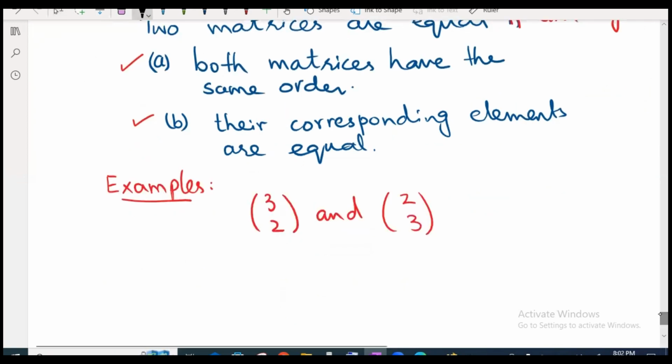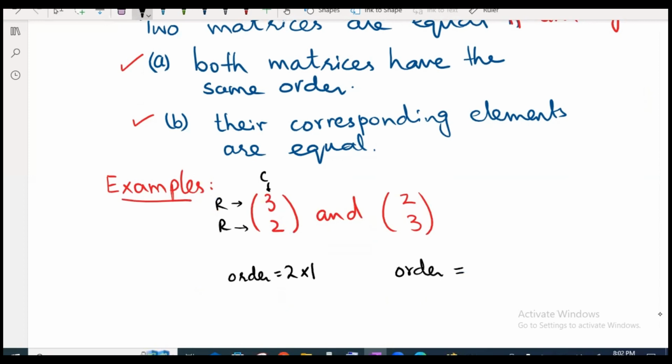No, same order means rows into columns. The matrix one has order two rows into one, है ना? Two rows and one column. And in the same way, the second matrix has the same order, two rows and one column. Am I right? Row into column. So orders are same in both cases.